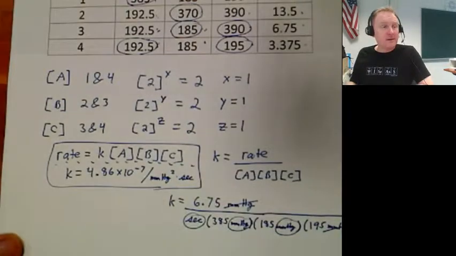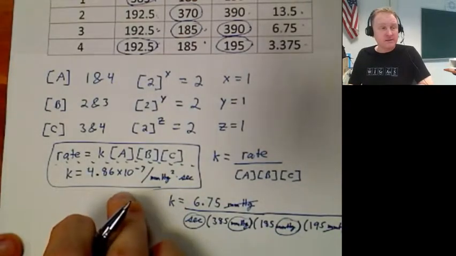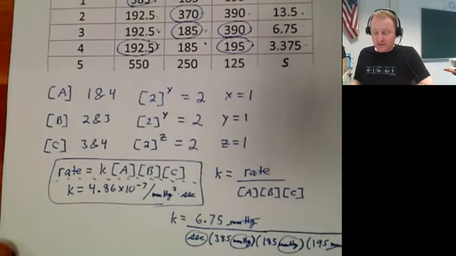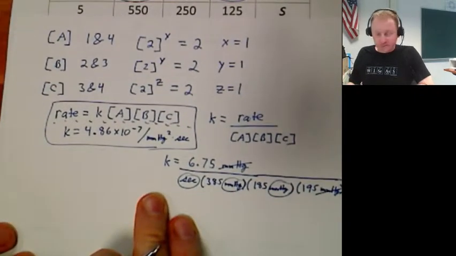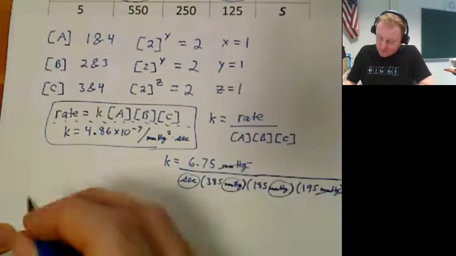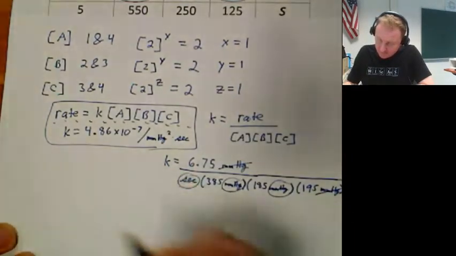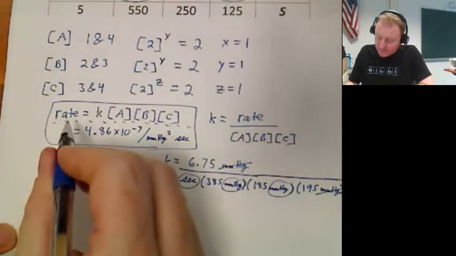Now that's my rate law. This is an important piece of the puzzle because with this, we can then solve our fifth one, S. So to solve for S, I'm just going to use my rate law.